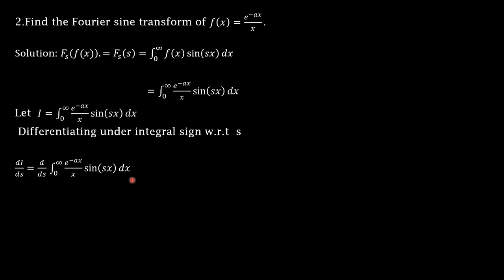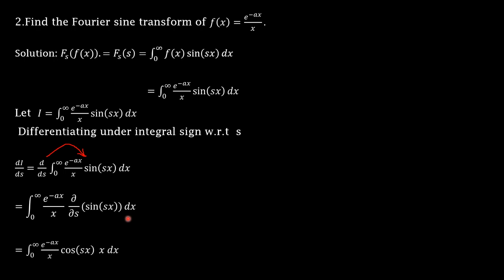Since the integral is with respect to x and the differential operator is with respect to s, I can easily take this differential operator inside the integration, so that the above equation reduces to the form integration 0 to infinity e to the power minus ax by x into the differentiation of sin sx with respect to s dx.